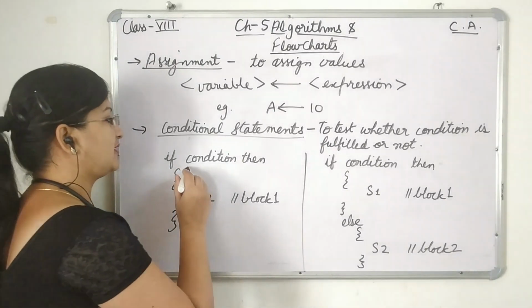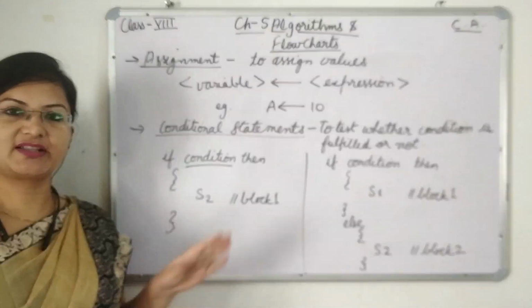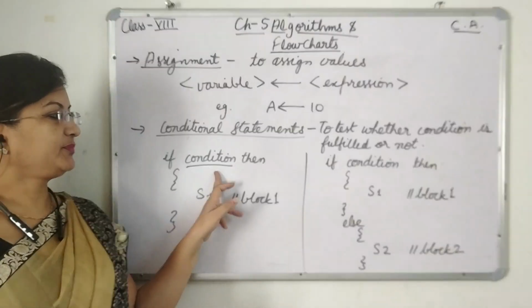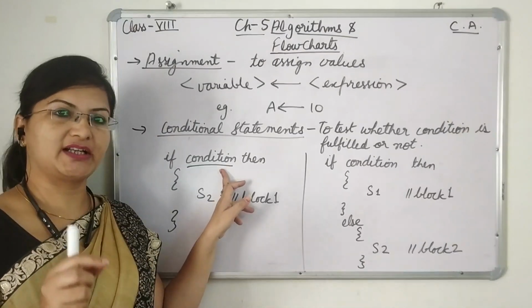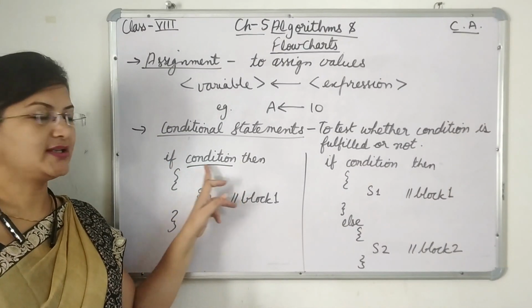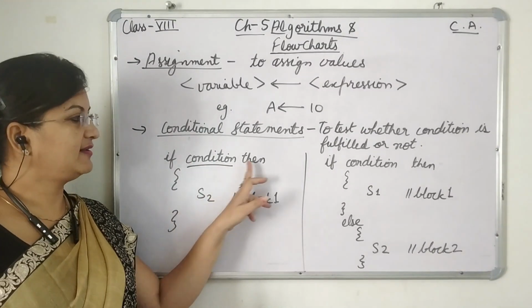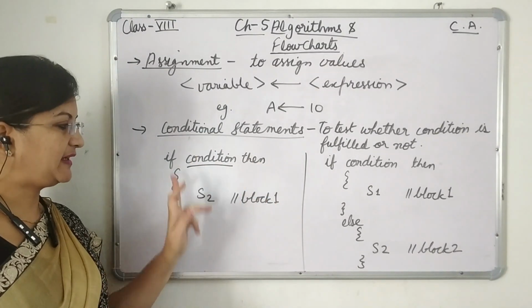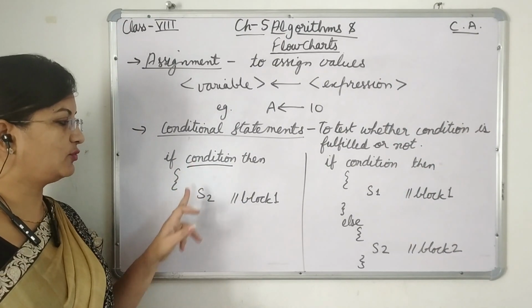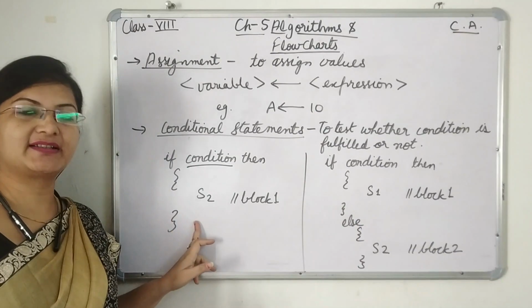Here we have to mention the condition. Okay. Right now this is an example. This is the syntax that I am telling you. So here you do have to write the condition. So like if x is greater than y. Got it? So if the condition is here, then what will happen? S2 statement will be executed. If this condition is true, then only this block will be executed.